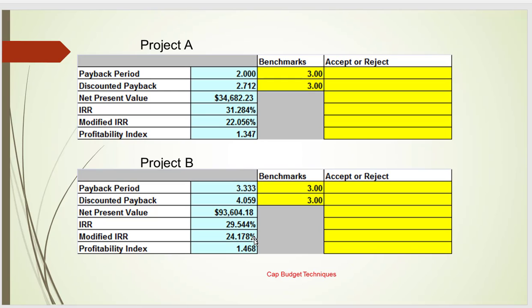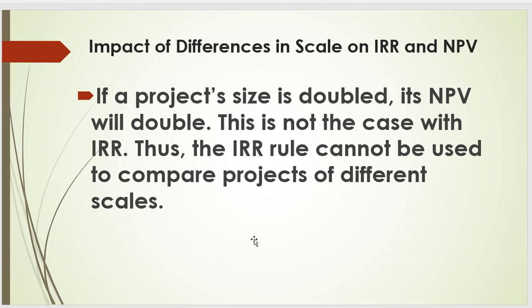However, B is better than A. The reasons for these conflicts really have to do with cash flows. More than anything else, as we'll describe in a second, it has to do with this reinvestment rate. How do you actually apply that to future cash flows?